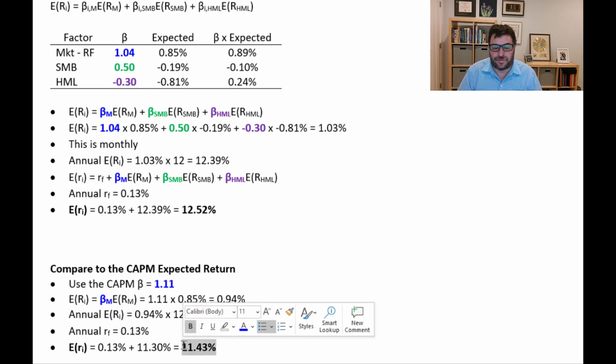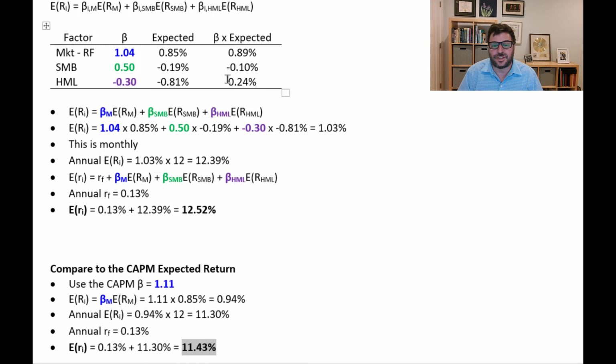And so in my single factor model, I come up with an expectation of 11.43, but my multi-factor model, mainly what's driving this is the fact that I have a positive expected return for growth stocks relative to value, or a negative expected return for value relative to growth. Since I have this negative beta, this is adding to the return, and so my multi-factor expected return exceeds my CAPM expected return.